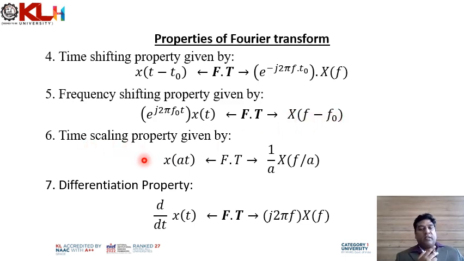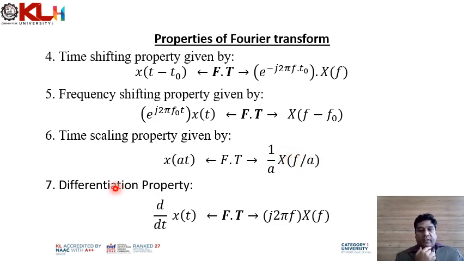Next we are seeing time scaling property. The Fourier transform of x of at will be 1 by a capital X of f by a. So if you are having x of at, we have to divide by a and even the frequency also. So it will be 1 by a capital X of f by a.